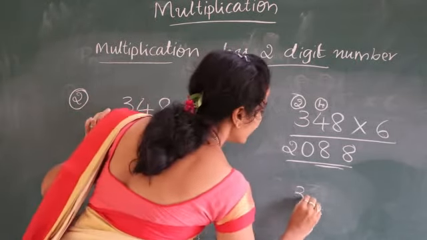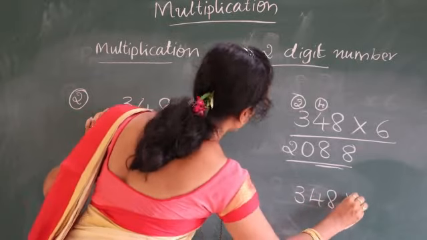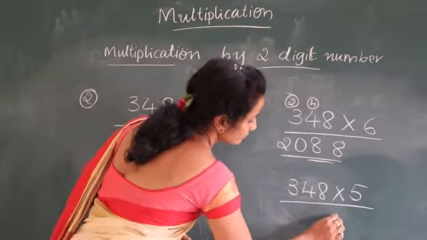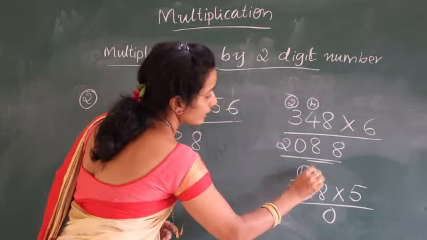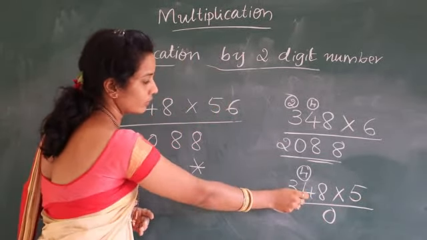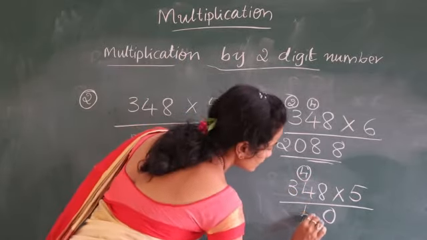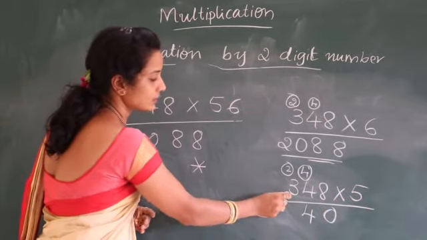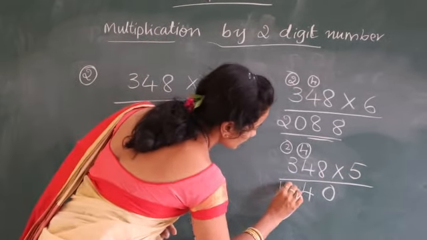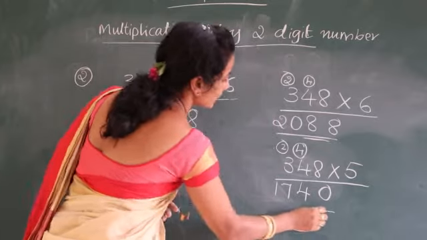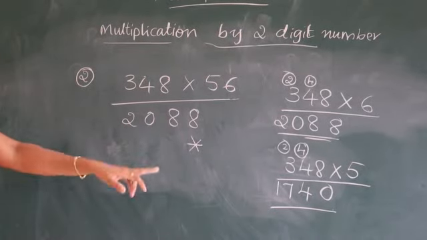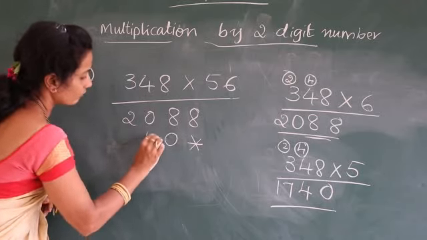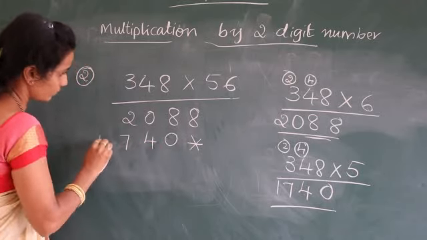So now multiply 348 by 5. 5 8s are 40, 4 is carried, 5 4s are 20, 20 plus 4 is 24, 2 is carried, 5 3s are 15, 15 plus 2 is 17. So the answer I got is 1740. Now write 0, 4, 7, 1.